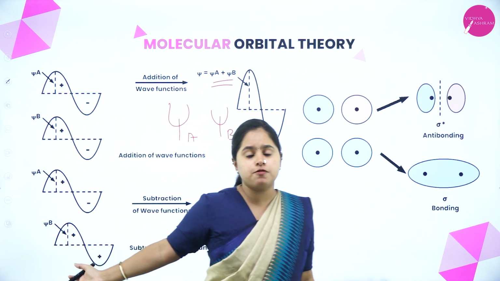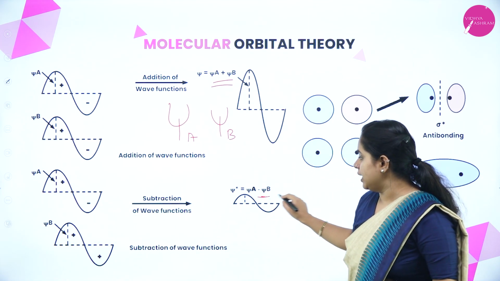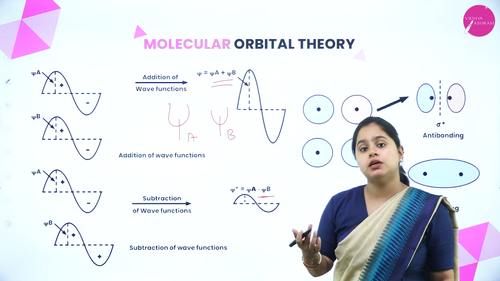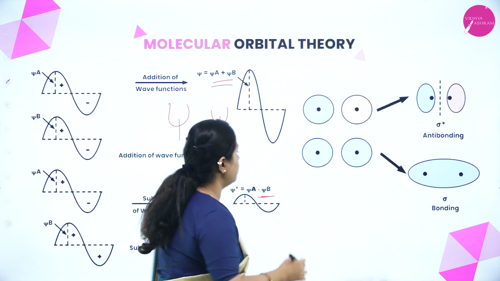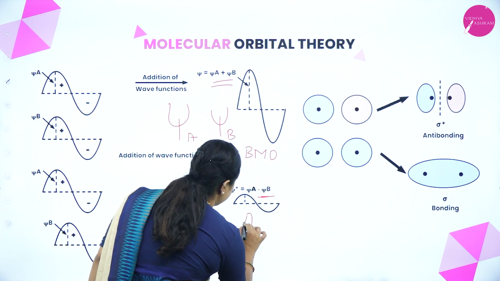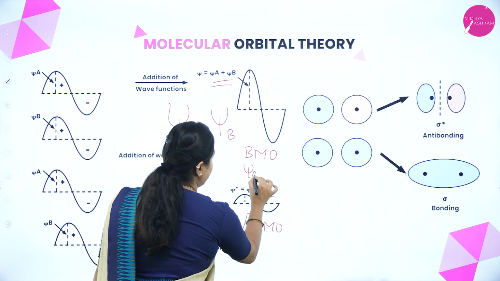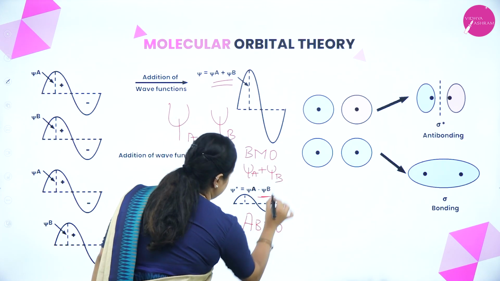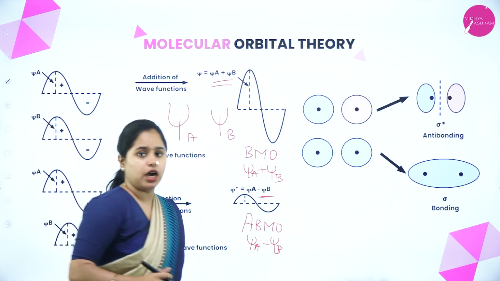In the same way, if the waves are subtracted, we get psi A minus psi B, which is the anti-bonding molecular orbital, right? This one corresponds to psi A plus psi B and this corresponds to psi A minus psi B. I hope it is clear.